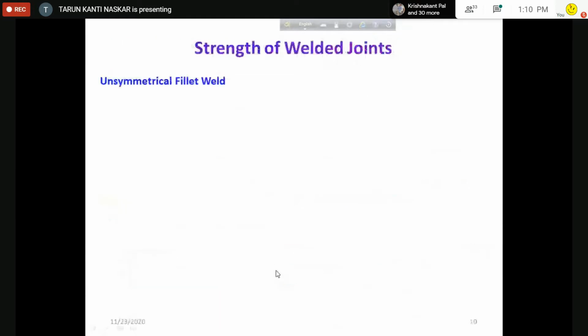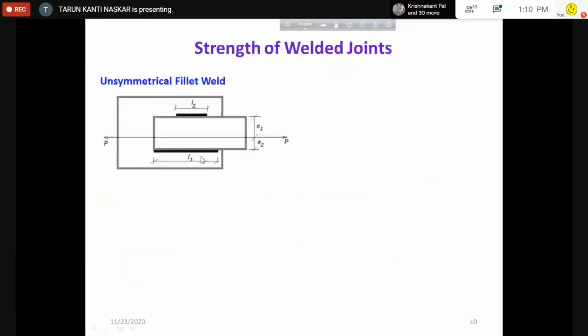Now if they are unsymmetrically placed, that means sometimes it may be required that these parallel fillets are placed unsymmetrically, and this is the load position, say. So the load is unsymmetrically placed, and so the fillet will be unsymmetrical in this form, the length of the fillet.